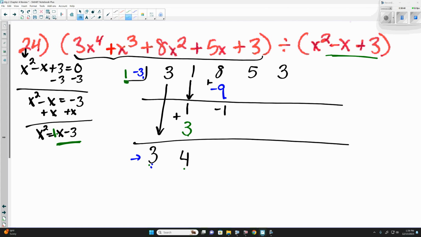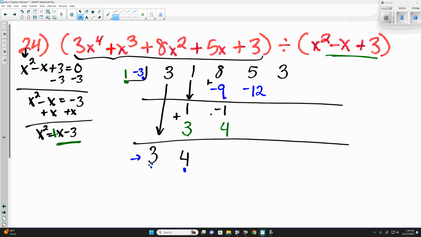Now we're doing 1 times 4. Negative 3 times is? Well, because again, we're multiplying by that bottom number. So since we did it once, we're now on to 4. So we do 4 times 1, which is 4.